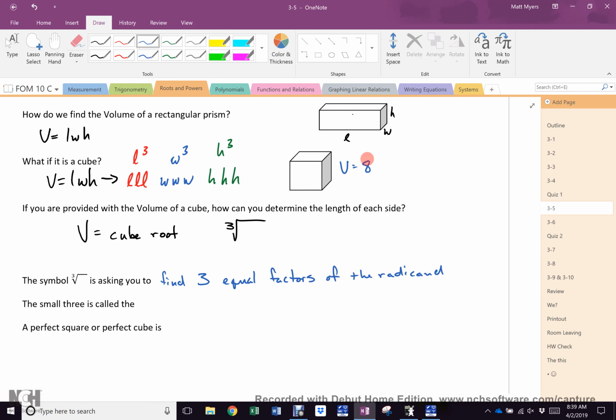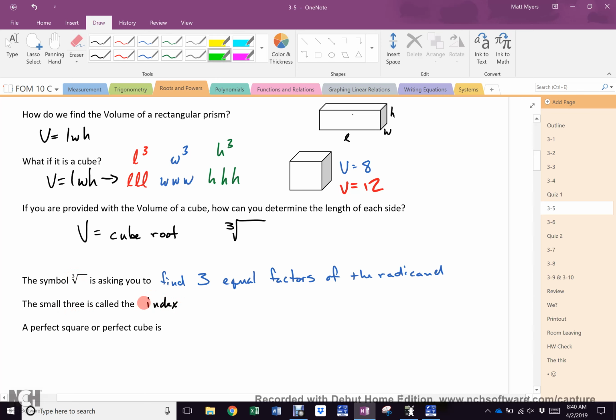Now, if I told you that this cube's volume equaled 8, how long are the sides? 2, because 2 times 2 times 2 is 8. Easy peasy lemon squeezy. What if I told you its volume equaled 12? Could we do it? No, we couldn't. It would be irrational. But after today, you are going to know what we do with those. Everybody good? Now you will notice the only thing that changed was that little number, right? The small 3 is called the index.